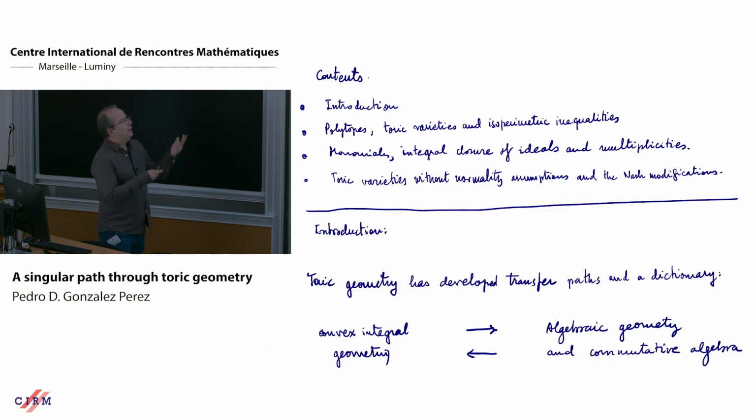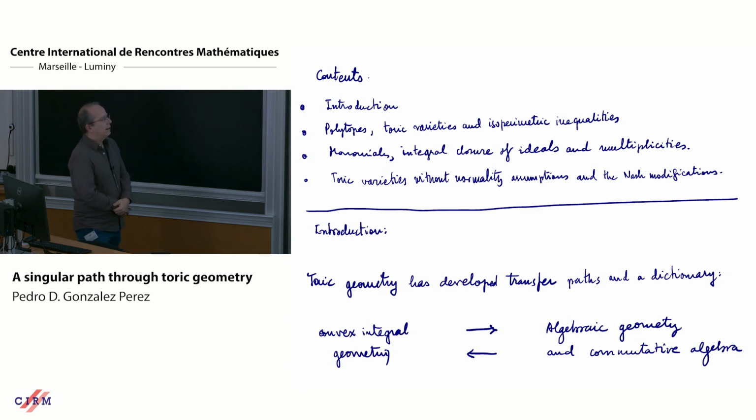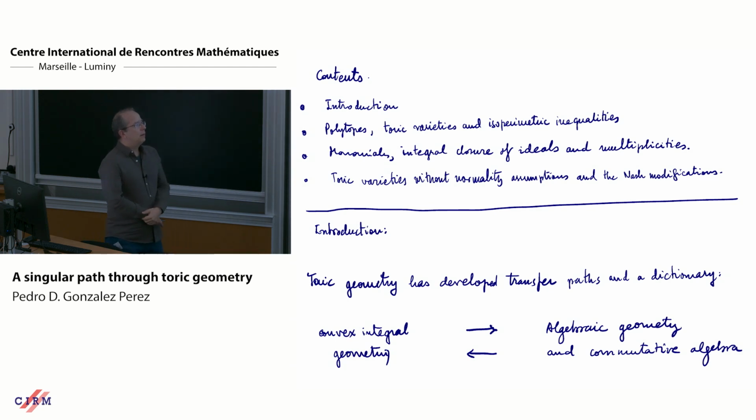I would recall that in toric geometry we have a dictionary and transfer path between notions from convex integral geometry on one side, and notions of algebraic geometry and commutative algebra on the other side.